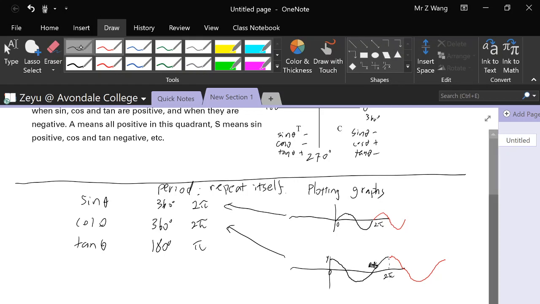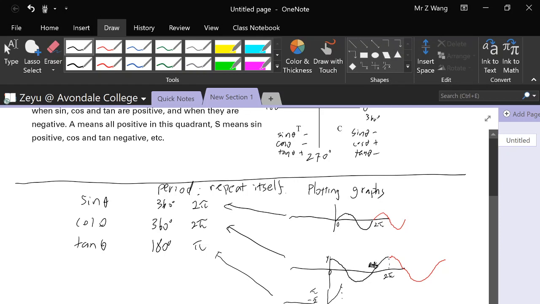And then the tangent graph is a little bit special. It repeats every 180 degrees, every pi. So it looks like this. And this is a half pi. This is a negative half pi.